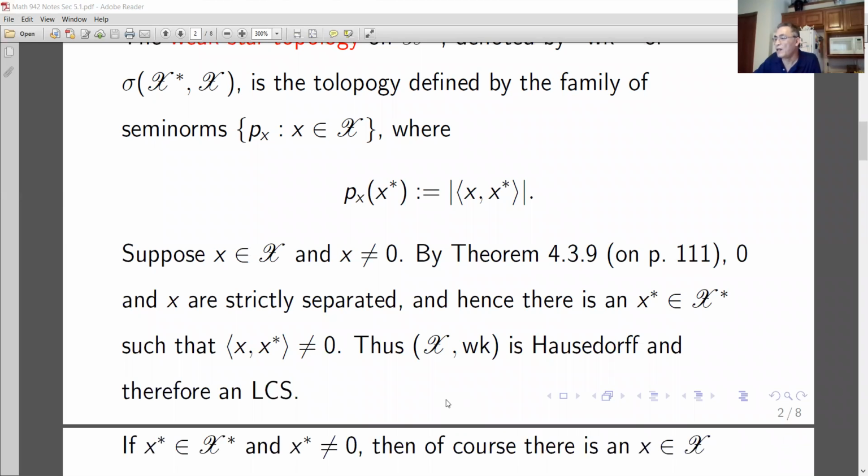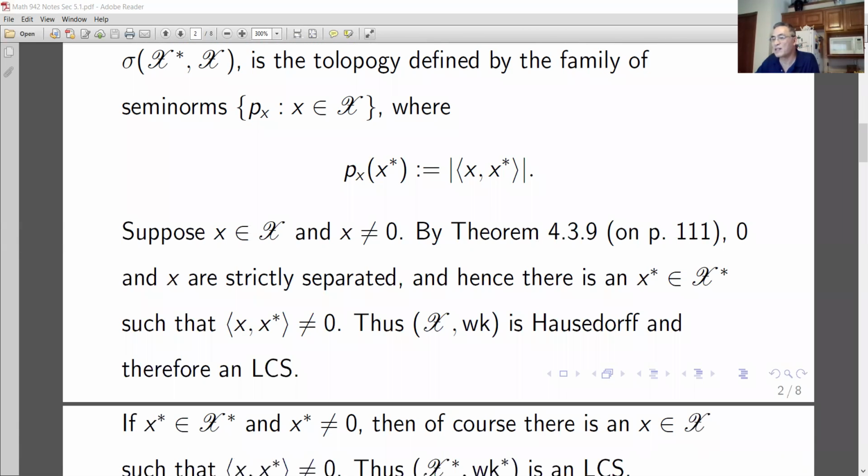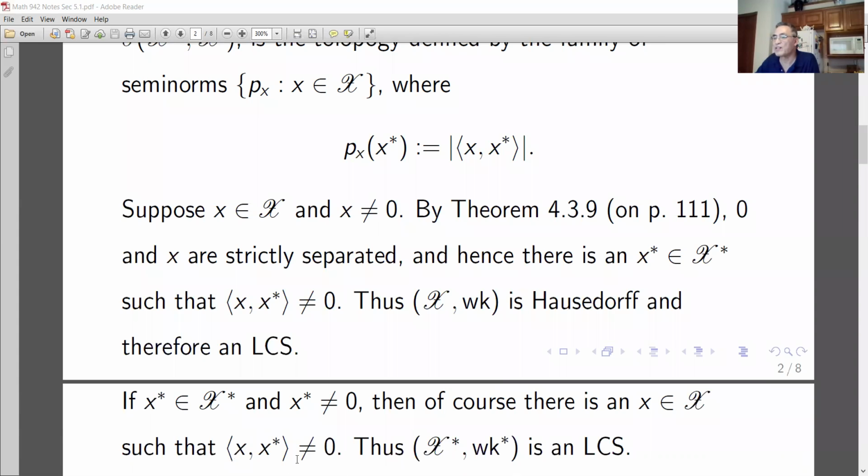So then look at the weak star topology. Now, if x star is in script X star and x star is not equal to 0, then of course there is an x in script X such that x star(x) is not 0. And here, different from the above, we don't need to use any theorem.